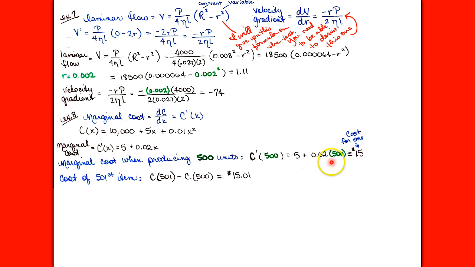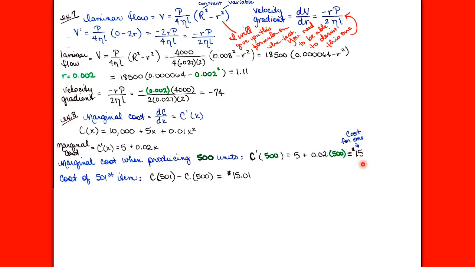And if I plug in 500, I find out that the cost is changing at a rate of 15 when I'm making 500. So that gives me a good idea of what the cost for one would be when I'm making 500. Here's another way that I could approximate the cost for one at that production level.